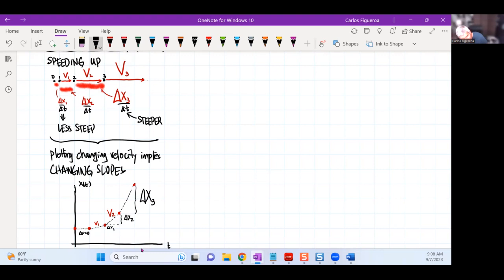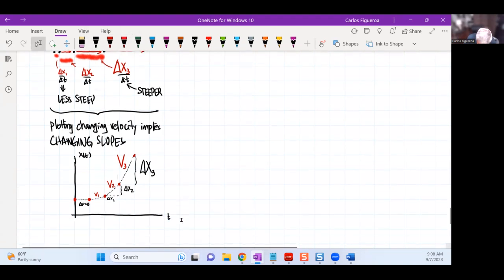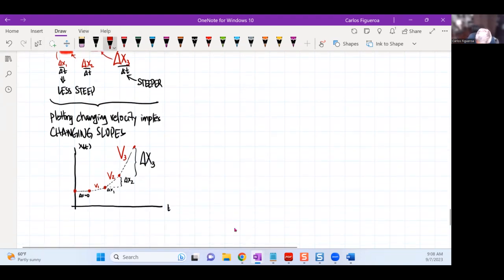That's an even bigger slope change. So therefore, that slope is associated with a higher speed. Now, in physics, there are no discontinuities in regular motion. And so what we find is that if we smooth this out a little bit, here's what we see.